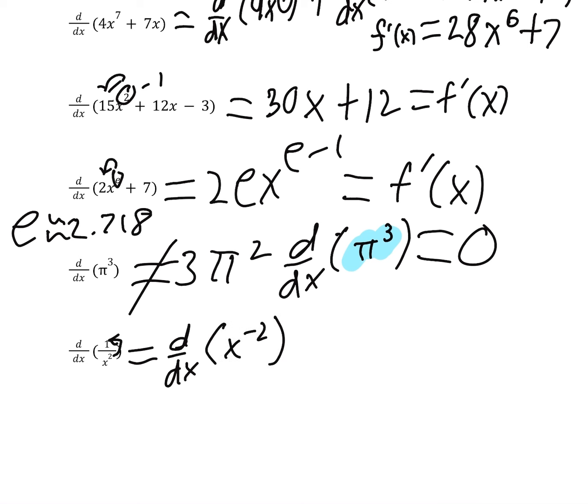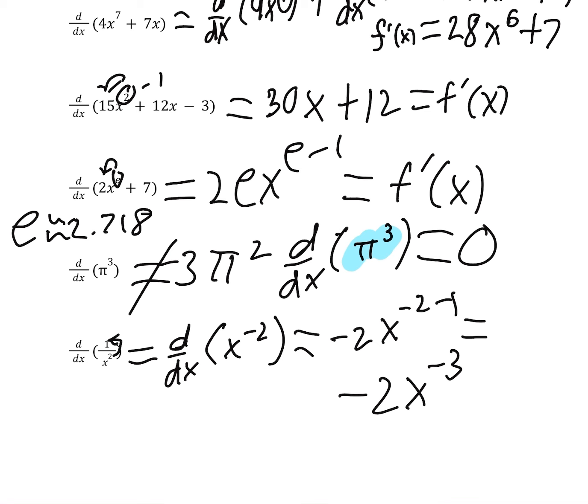So this is the derivative with respect to x of x to the negative 2. And then you apply the power rule. So you have to rewrite it first, because 1 over x squared equals x to the negative 2, and then you apply the power rule. So this equals negative 2x to the negative 2 minus 1. This equals negative 2x to the negative third.